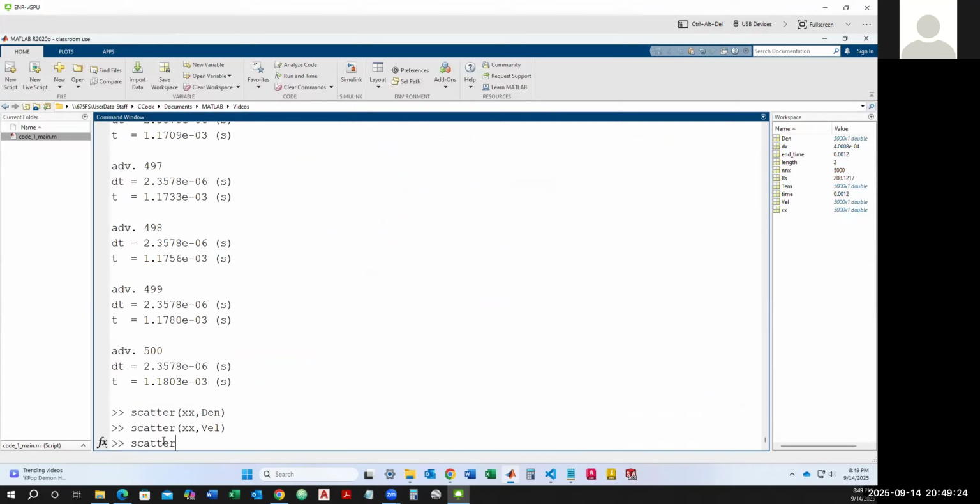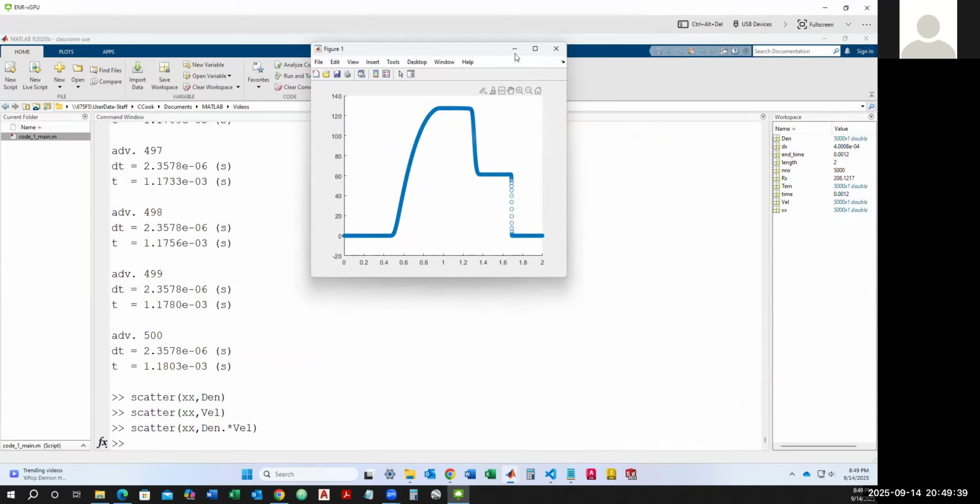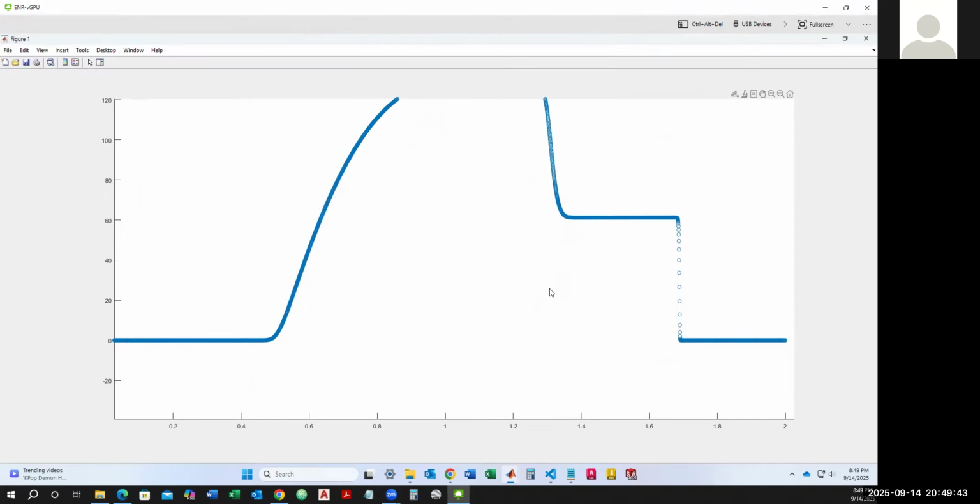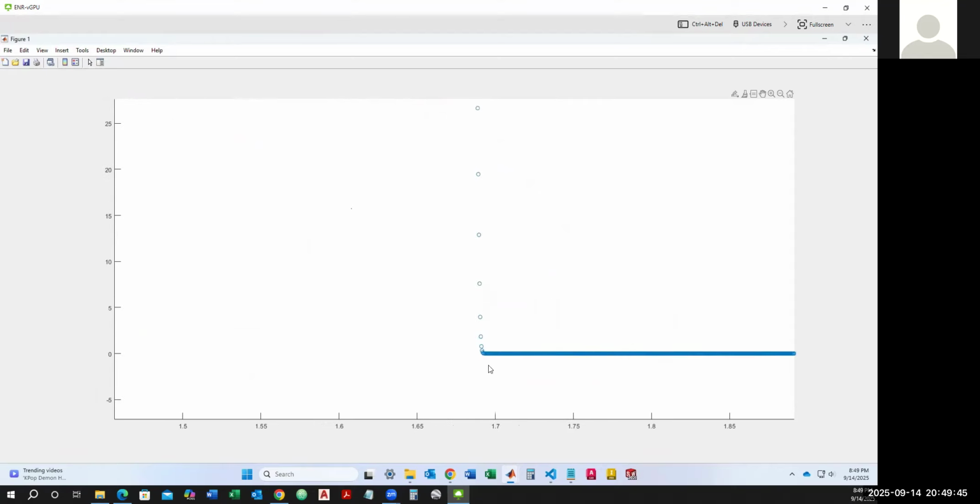Typically, I show the momentum density, so that's going to be the density times the velocity. Our density is mass density, so that's kilograms per meter cubed. That times the velocity gives us our momentum density. Really nice looking solution here.